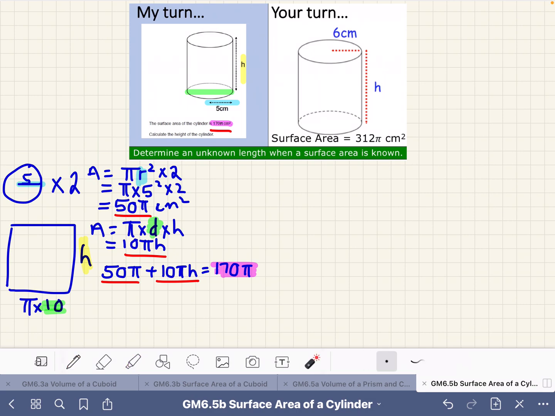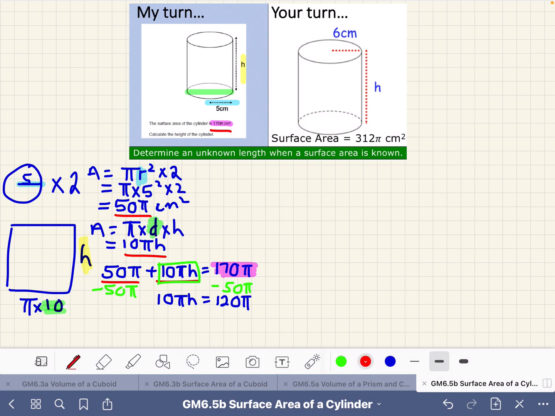We are looking to get h on its own. At the moment, it is stuck to this 10 pi here. That means we look to get rid of the 50 pi by taking away 50 pi from both sides. That leaves us with 10 pi h is equal to 170 take away 50, which gives us 120 pi.